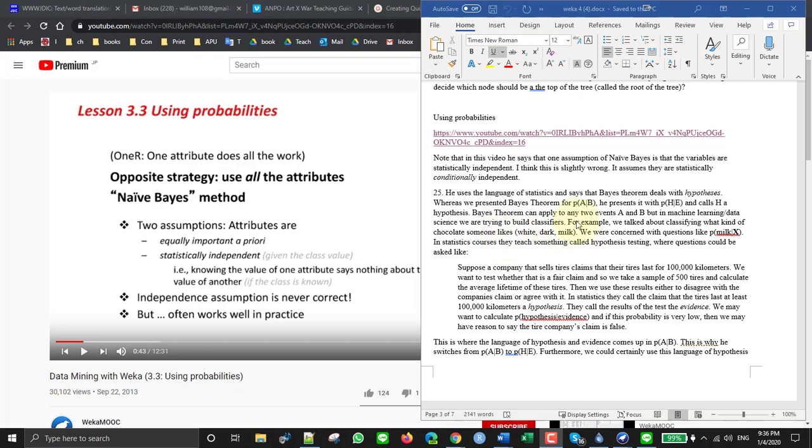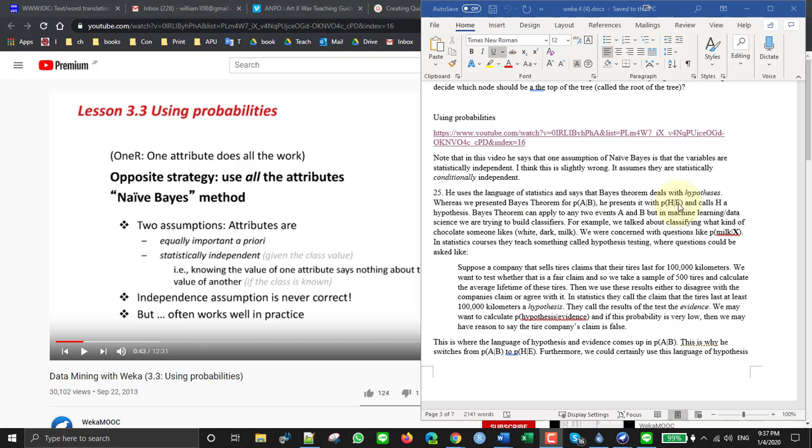So H or A would be that they like white, that we're testing a hypothesis that the person likes white, or we can just say we're trying to predict the probability that the person likes white. Of course in naive Bayes, we need to do it for each of the classes, and then we choose the class that has the highest probability.